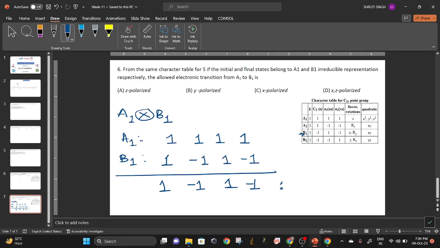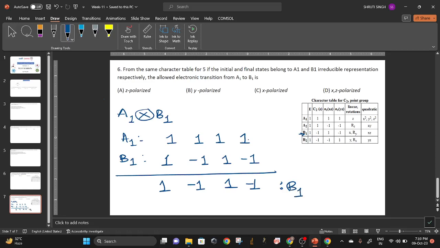B1. This is the same B1, right? Because you are multiplying it with all 1, it won't change. It's like multiplying any number by 1. If you multiply 10 by 1, you get 10 only. So this is the same thing. You are multiplying B1 with the totally symmetric representation, so it will be B1 only.